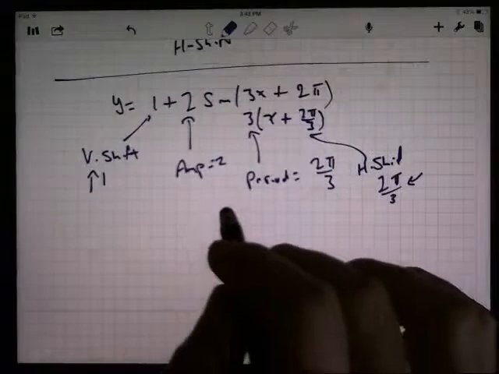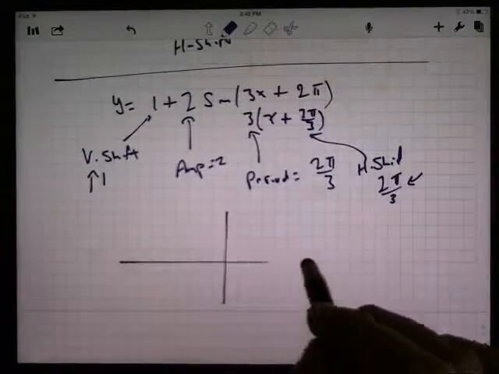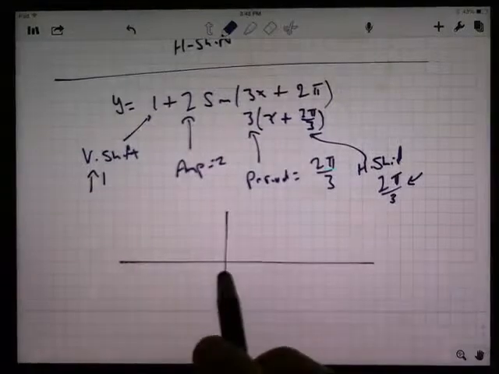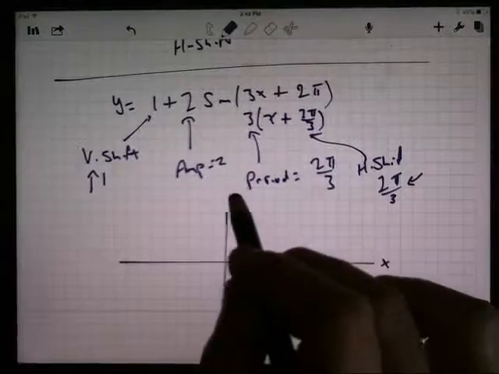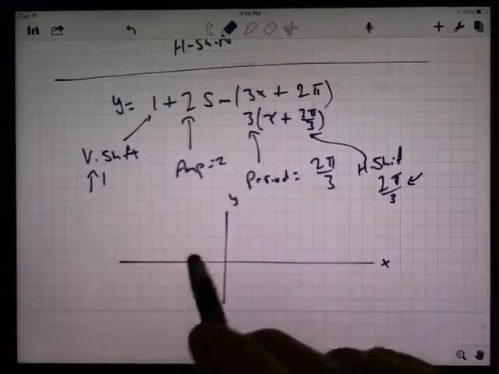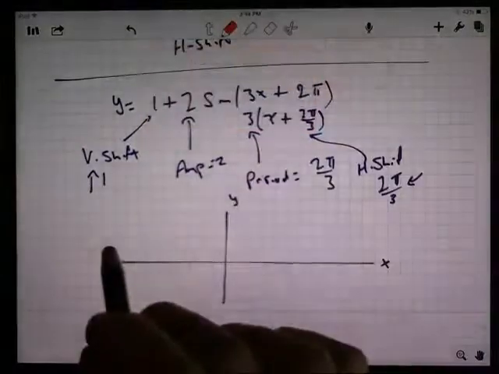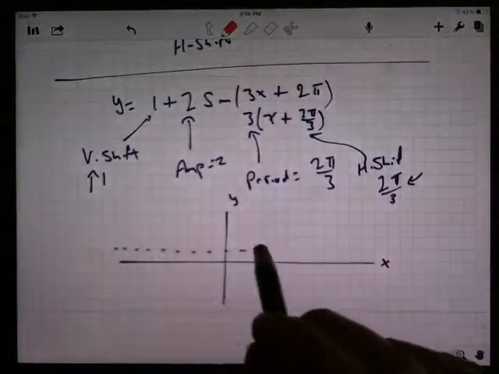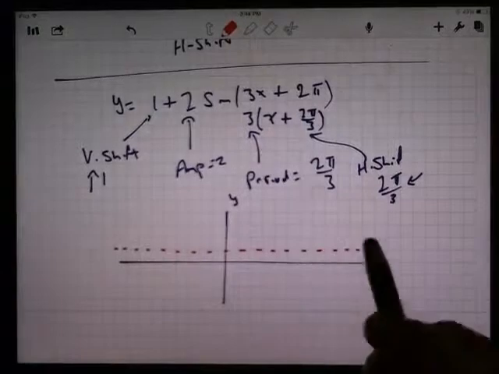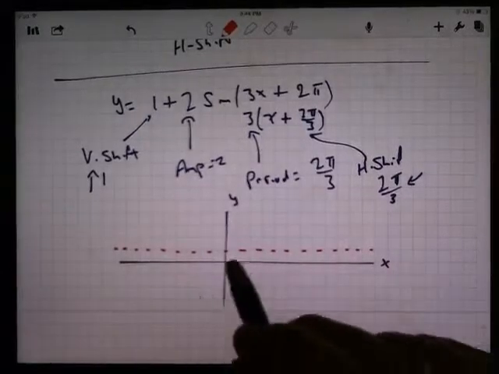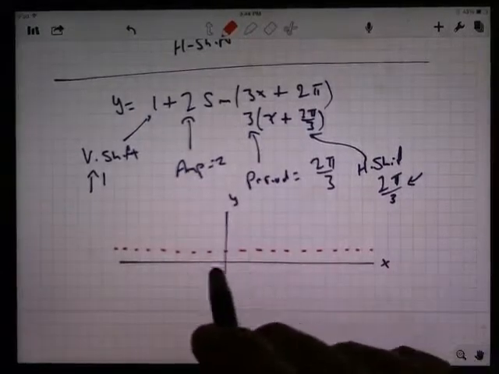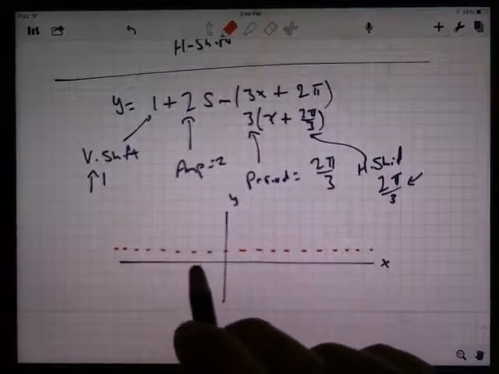The way I view this now is I say, all right, here's my original xy axes. First of all, look at the shifts. It's shifted up 1. So here's, in red, my shifted axis. So there's this right there, and 2 pi over 3 to the left. I've got to decide how big my things are.